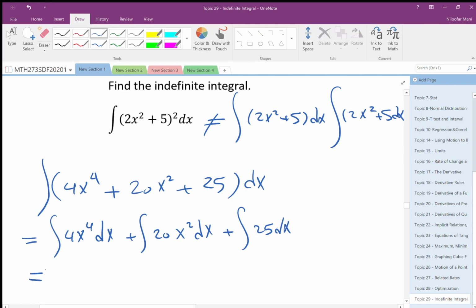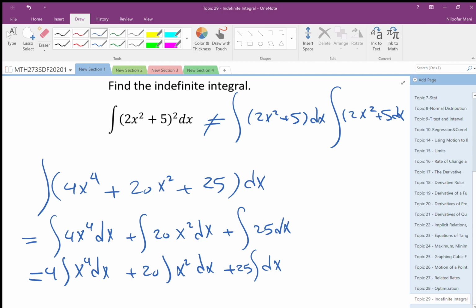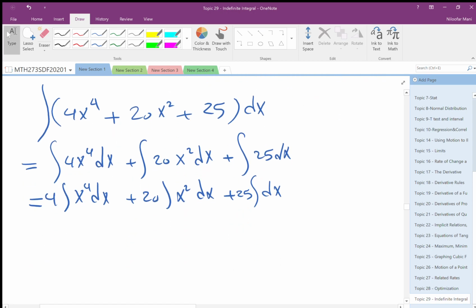I bring 4 out. dx. Okay, so first I expand and then I just do integration. It's plus, it's not a square anymore, it's not multiplication anymore. I don't need to be worried about that. So I do this.